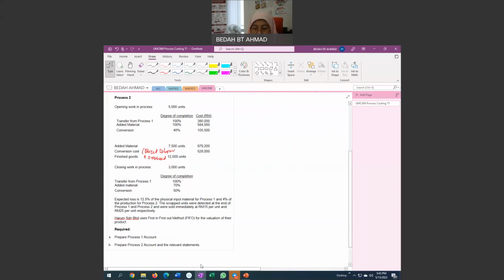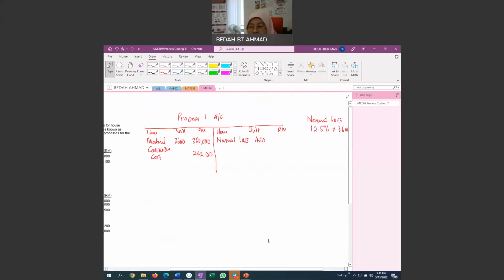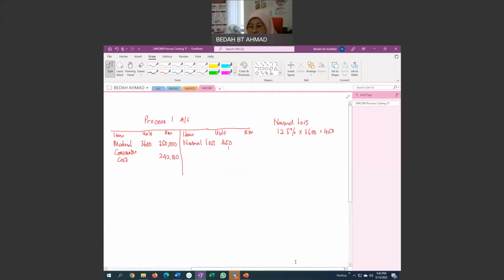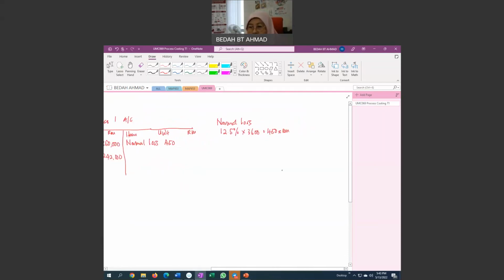So for process 1, we multiply the 450 units by the 15 ringgit scrap value, which is RM6,750. So we put 6,750 here.